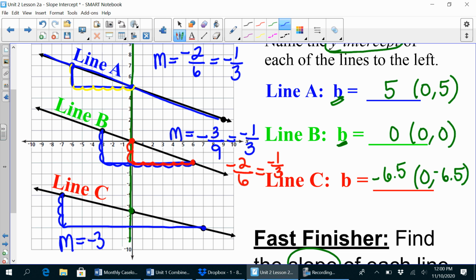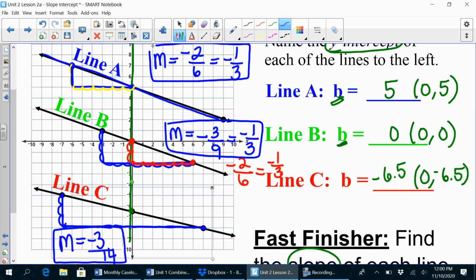Now let's count across. 1, 2, 3, 4, 14. Okay? And that one cannot be simplified, so we would leave it as is. m equals -3 over 14. And I'll just box these in so that you see them. You always want to make sure that you have it in the format of m equals, and you're using rise over run.